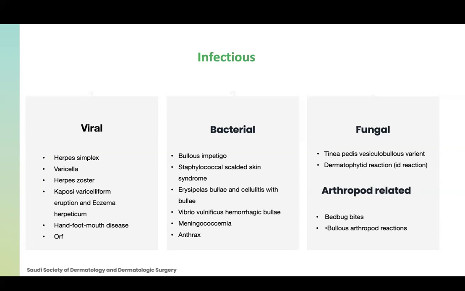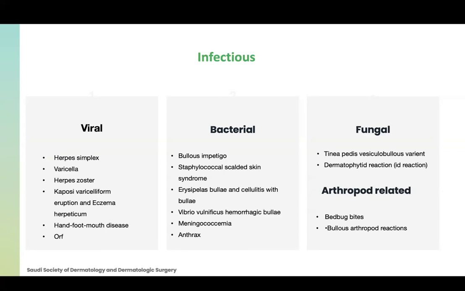We can take a swab for that to ascertain the diagnosis. The other thing is the staphylococcal scalded skin syndrome, and it usually presents with very superficial blistering or erosions, and it is an emergency that needs to be managed.